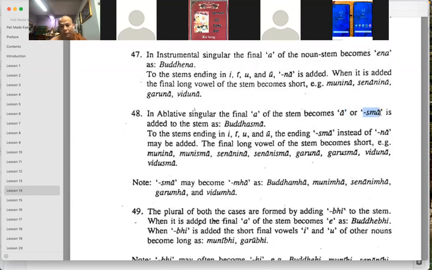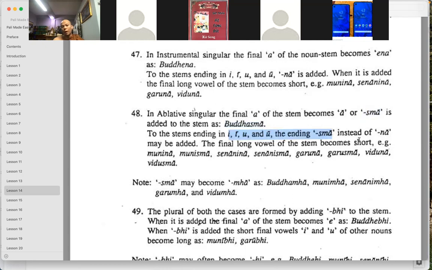That is why, literally or logically, we need to understand: sama is the primary form, but sa is changed to ha, and ha and ma change their position, so ma, and then the ha is omitted, contracted. In this way: Buddhasama, and then Buddhama, and then Buddha. The same way: munisama, munima.